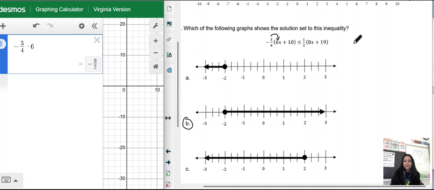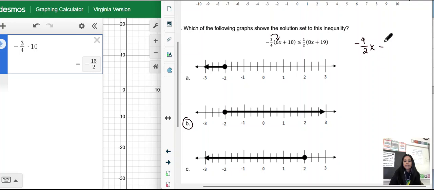I'm going to write it over here, just because I need some space. -9/2 x. Negative times a positive, I know this is going to be a negative, so -3/4 times 10. If I'm distributing that, that's going to be -15/2. And then less than or equal to, we'll go ahead and distribute this.